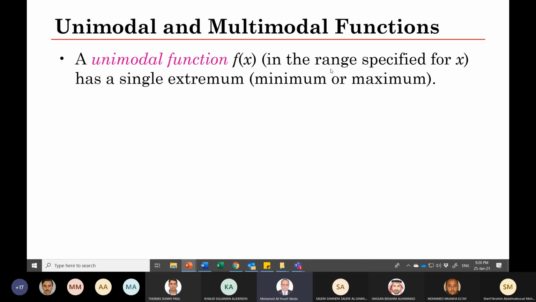A unimodal function, over the specified range of x, has a single extremum value, minimum or maximum. Now, for example, you have this function.